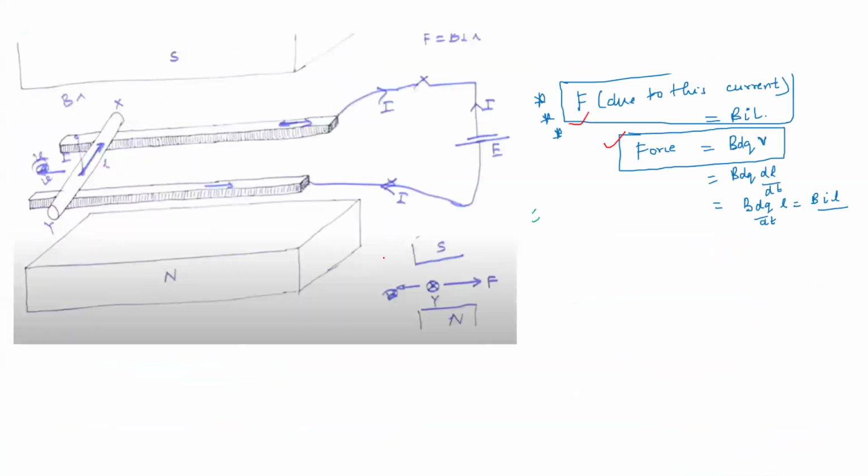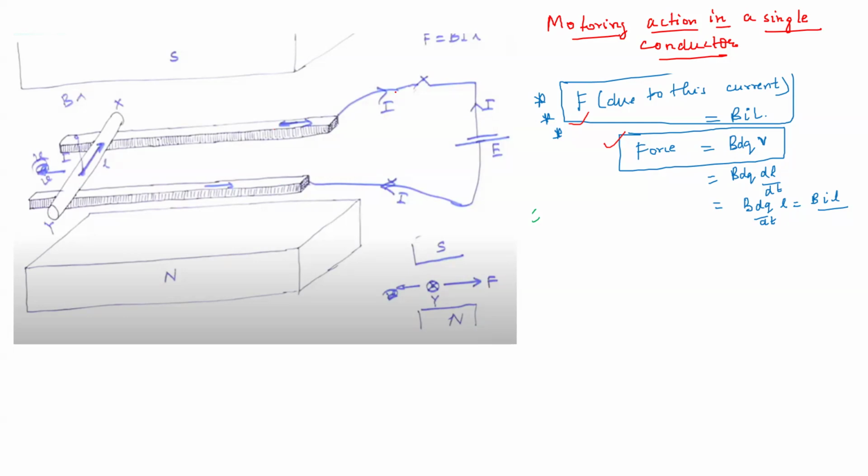Now let us go to the motoring action in a single conductor. Let us say you have these rails made of some conducting material.